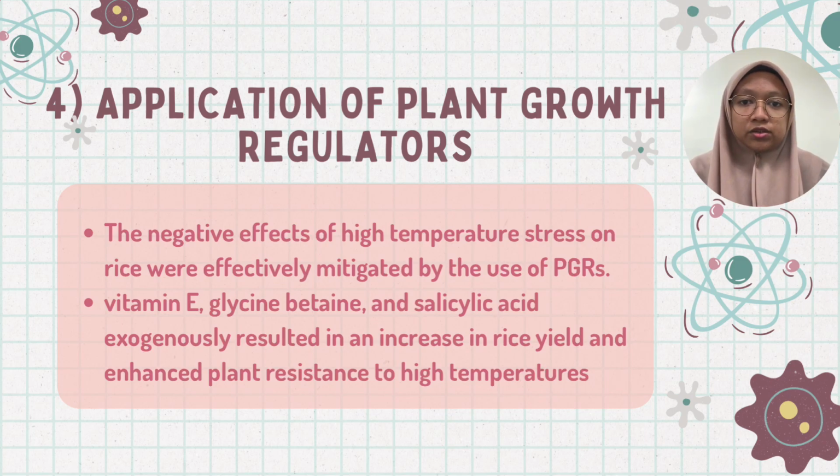When PGR were exogenously delivered, leaf gas exchange was shown to be better than the NAC. The application of PGR in rice has been shown to reduce internal CO2 concentration, respiration rates, and membrane damage while increasing photosynthesis.